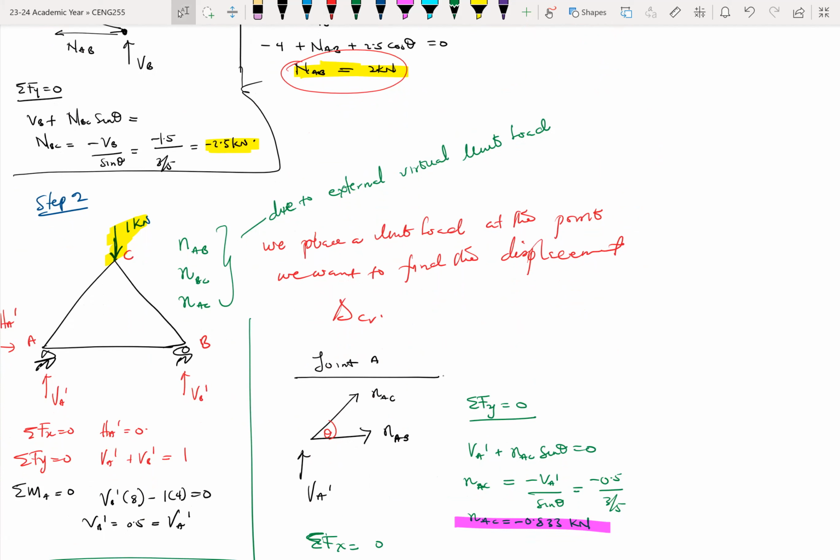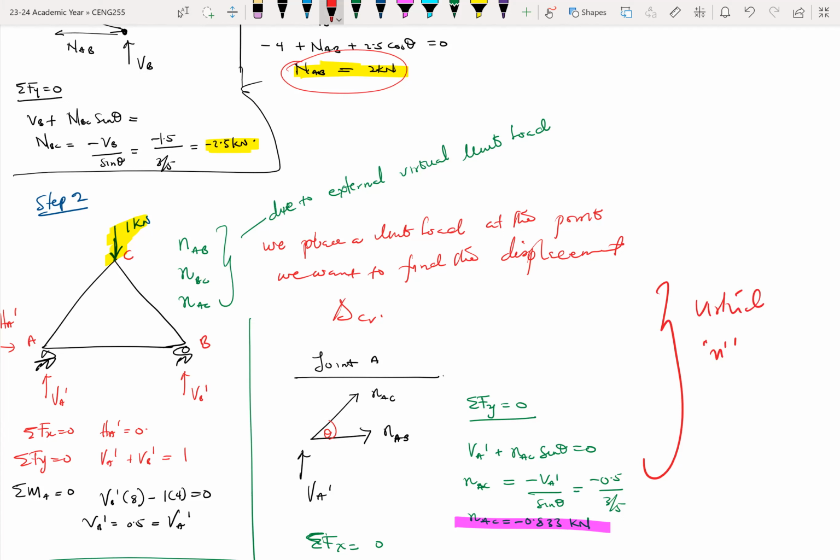Okay. So once you place the unit load in the direction of the displacement that we want, you also go through the process of finding forces in the members. All right. But then this will be small letter n because you are looking at virtual forces, or virtual internal forces in this case.